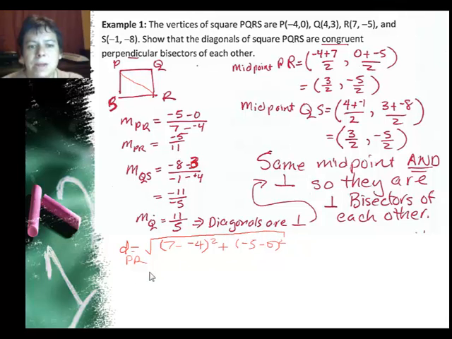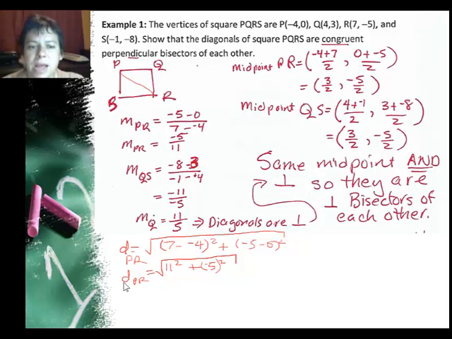And 7 minus -4 squared is going to be 11 squared plus 5 squared. Actually, I should say -5 squared because it's really a -5 squared. And put a square root all over that.